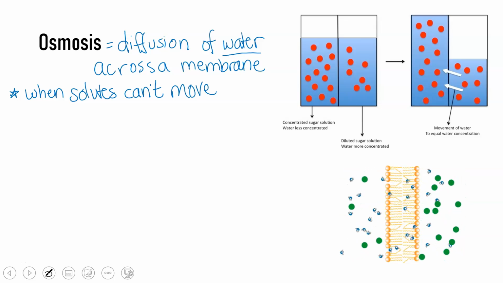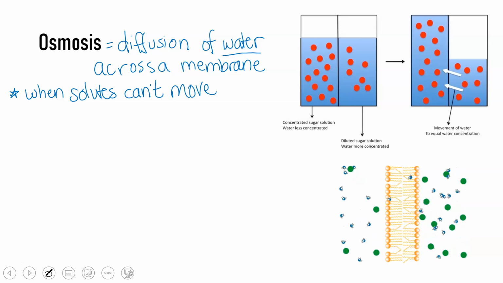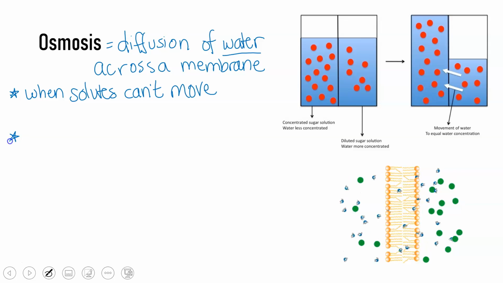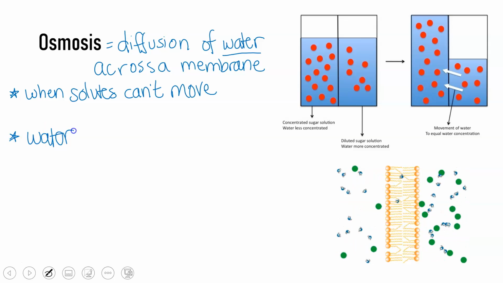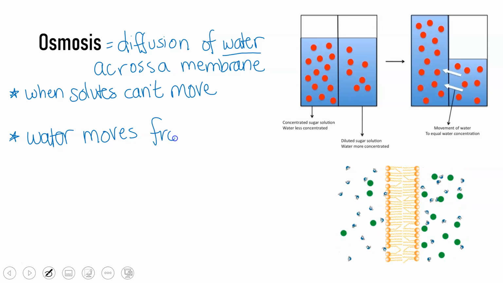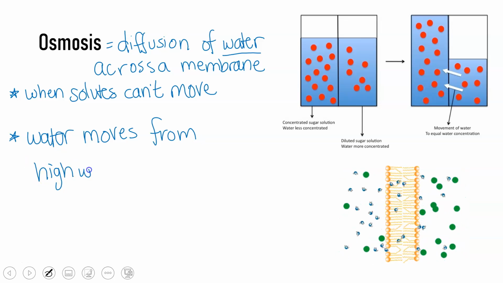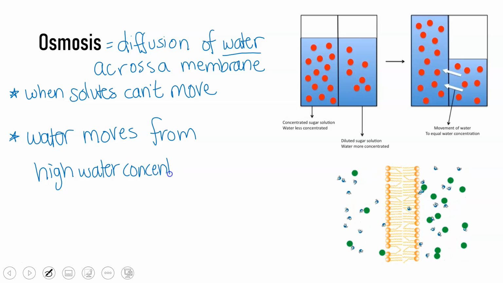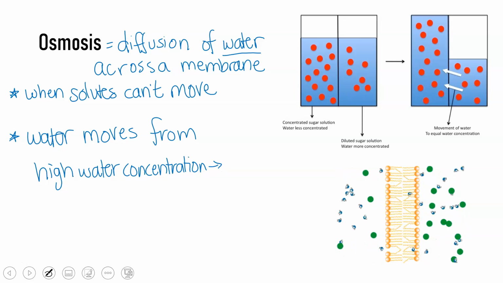Remember, salt is too polar to cross the membrane. So if the salt can't move to equalize the concentrations on both sides, then the water has to move. And so what direction does the water move? So the water moves from areas of high water concentration to areas of low water concentration.